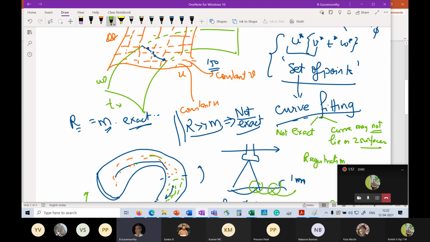Because I have these points. These lie exactly on both the surfaces, the red surface as well as the green surface. But when I fit a curve through that, the guarantee, even if I do this exact solution, is that the curve will only pass through these points here.